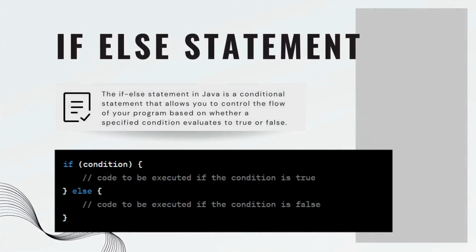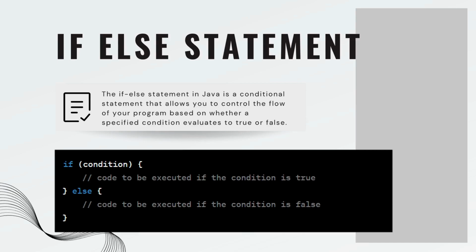The if-else statement in Java is a conditional statement that allows you to control the flow of your program based on whether a specified condition evaluates to true or false. Let's discuss all of these keywords shown in syntax one by one. If keyword. It marks the beginning of the if statement. Condition. The expression inside the parenthesis is the condition.